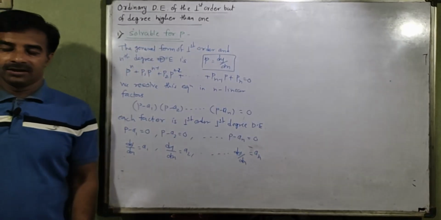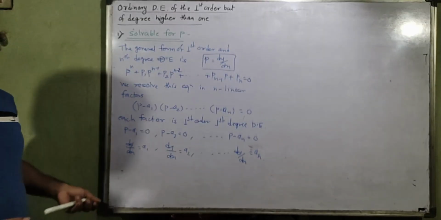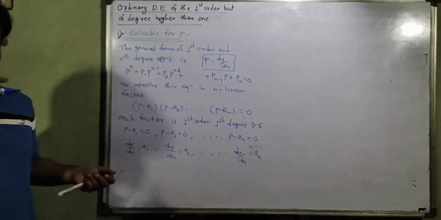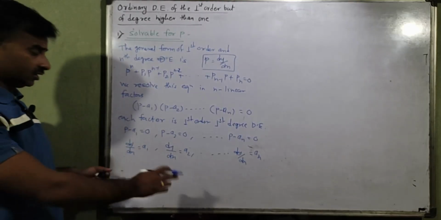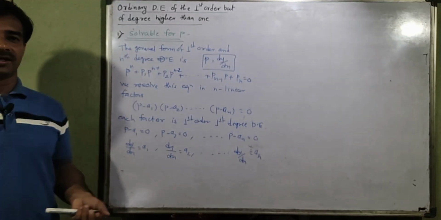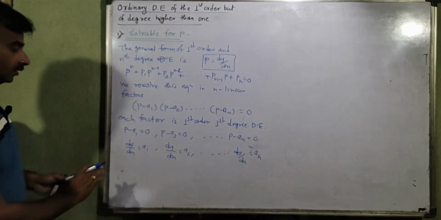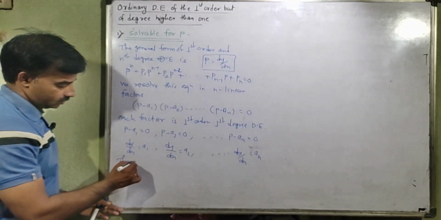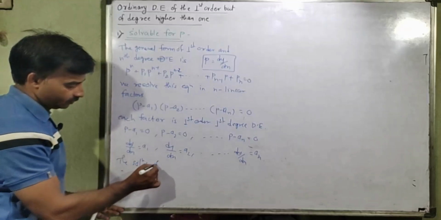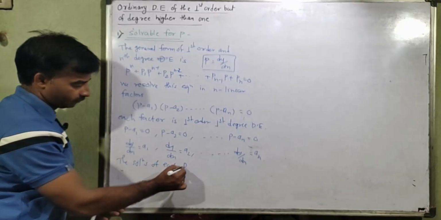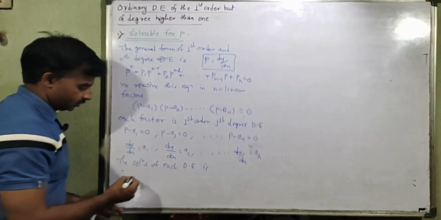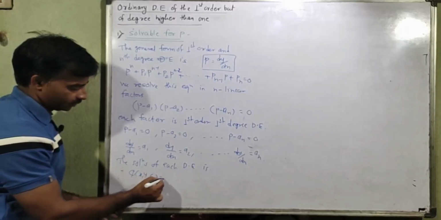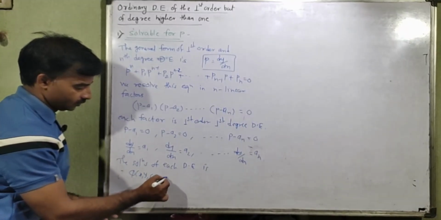Okay, and then find out the solution for each differential equation which is related with x and y, and taking one constant related with it, and the solutions of each differential equation is, let us consider phi of x, y, c1 is equal to 0.